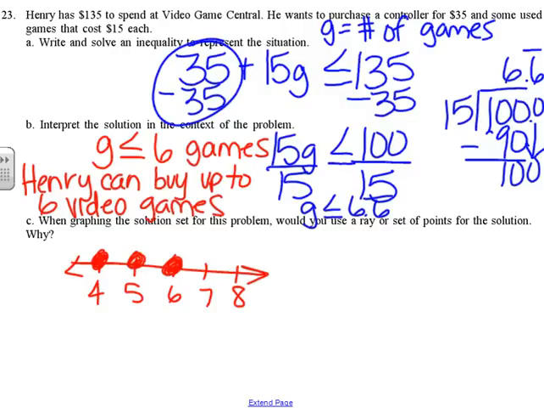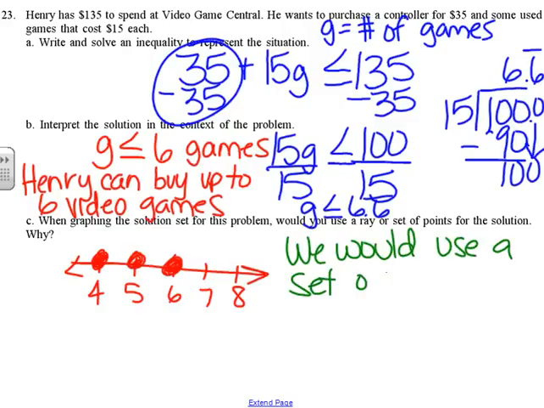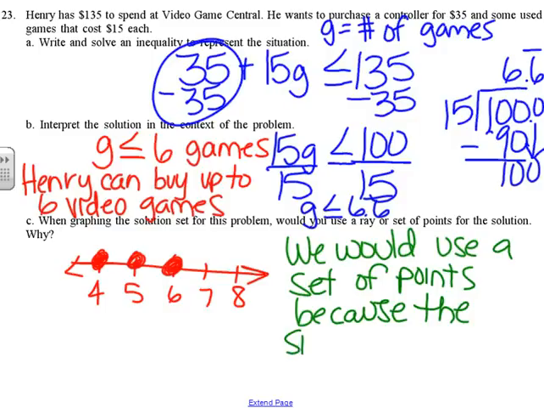Okay, so to answer part C, when graphing the solution set, would you use a ray or a set of points? We would answer this, we would use a set of points because the situation is discrete.